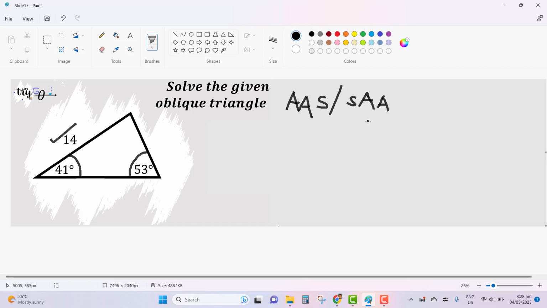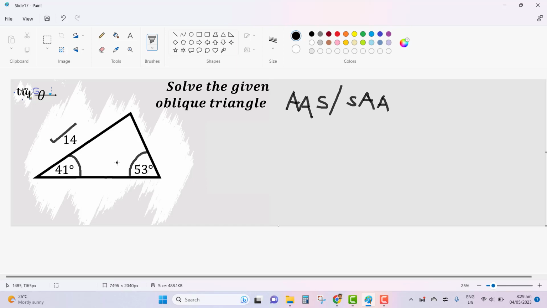The law of sines will allow us to solve the unknown measurements using the ratio or the proportion of ratios involving the sine of an angle and its opposite side.